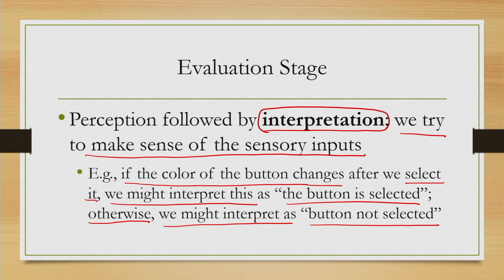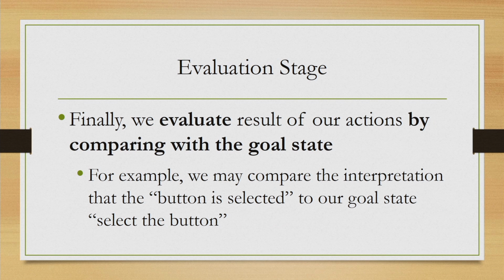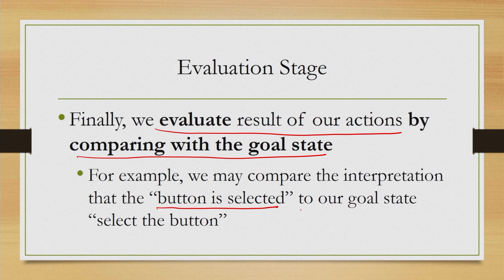So, this is the job of the interpretation action. Finally, at the end of the evaluation stage, we evaluate the result of our actions by comparing with the goal state. So, when we have interpreted that the button is selected, we compare it with our goal of selecting the button, and if there is a match, that the button is selected and our goal was to select the button, then of course, we do not need to do anything else.